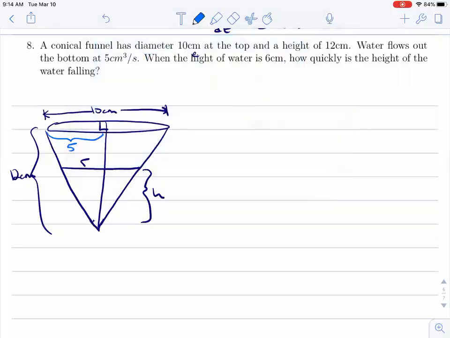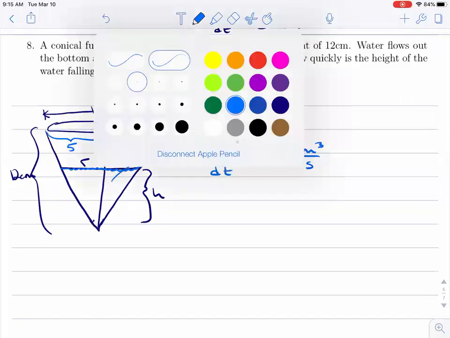And so here, if I've got some water in here at this point, we're told that the water flows out the bottom at 5 centimeters cubed per second. And so dV dt is 5 centimeters cubed per second.